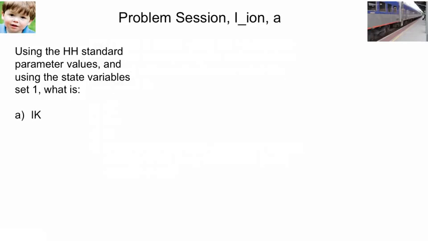First, let's talk about the situation with IK. IK is easy to find because we have an expression for IK. We know that IK equals G bar K n to the fourth (VM minus EK).